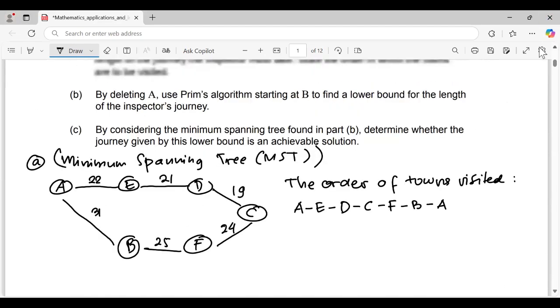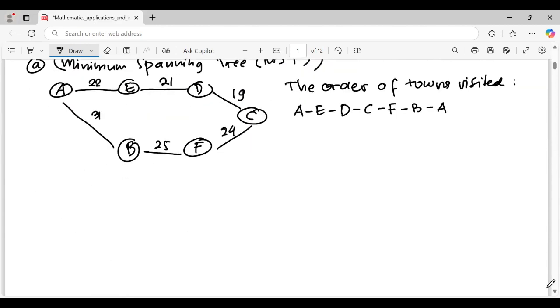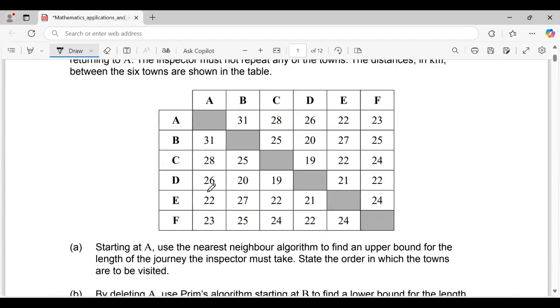The next question. By deleting A, use Prim's algorithm starting at B to find a lower bound for the length of the inspector's journey. B. Now, the nearest town to B is, let's say, D. D is 20 kilometers.